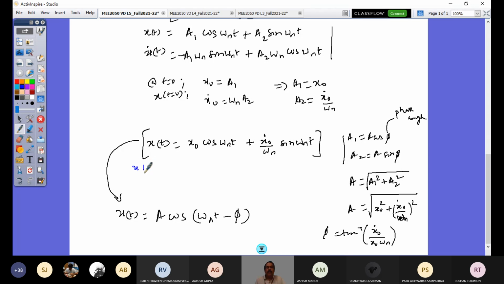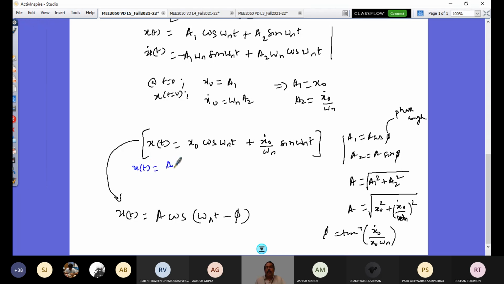Your response is going to be x of t equals A1, sorry, A cos phi cos omega n t plus A2, substituting this, A sin phi sin omega n t. Now let's call this angle A and this angle B. So you have cos A cos B plus sin A sin B, which refers to cos(A minus B).